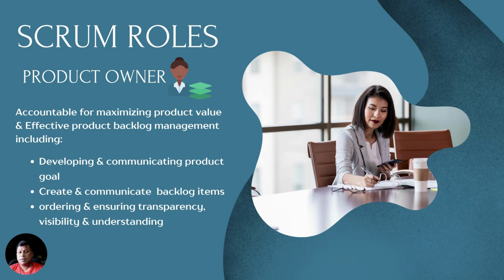Then as a product owner, you are responsible to create the items in the backlog. That means you are responsible to create the features, you are responsible to create the user stories, and then prioritize them, communicate them, right, to the stakeholders, that is the teams that you are working with. Ordering the backlog means prioritizing the backlog and ordering them in the order of priority.